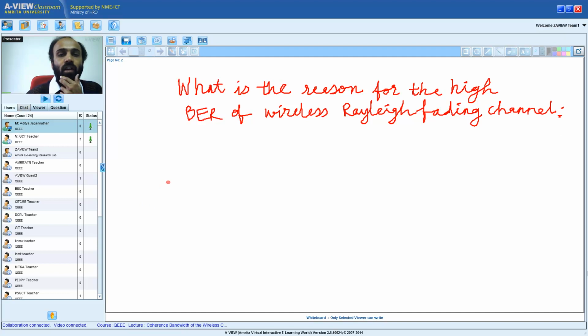What is the reason for the high bit error rate of the wireless relay fading channel? Right, and this can be explained by something known as the deep fade.